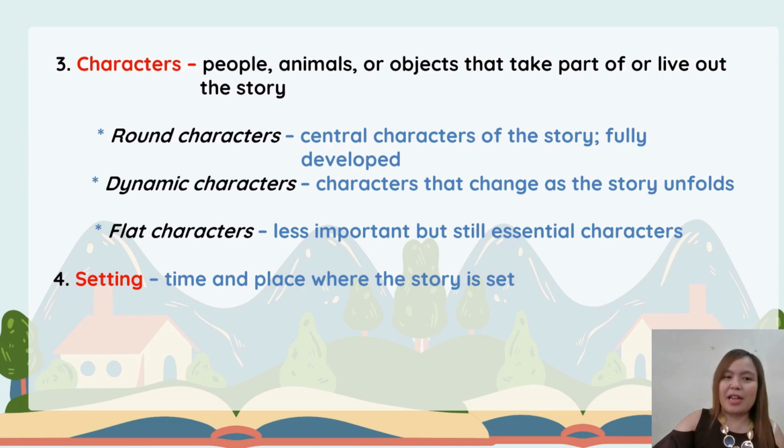The fourth verbal element is setting, the time and place where the story is set. And the setting can be either explicit, it's obvious, it is really stated in the literary piece, or it is implied.